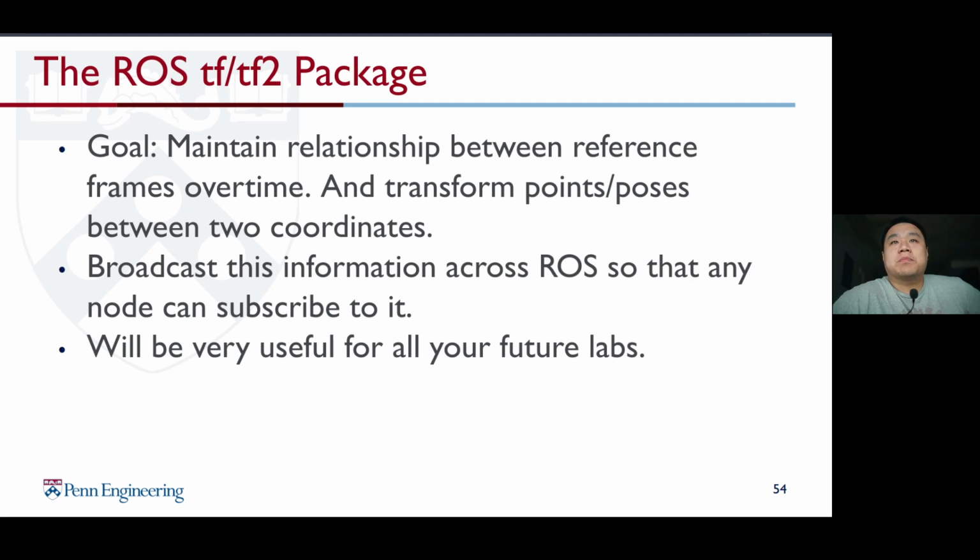It's more of a broadcasting behavior, where it is broadcasting this information across ROS so that any node can subscribe to it. It will be very useful for all of your future labs when we go to, for example, localization, and creating a navigation algorithm that utilizes localization.